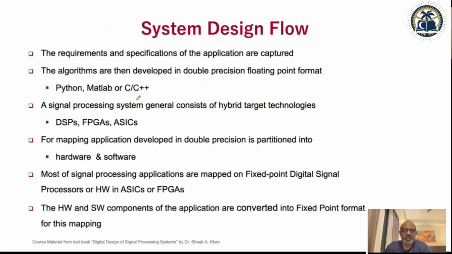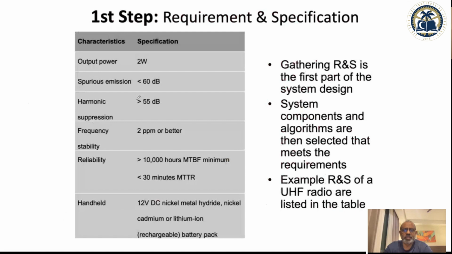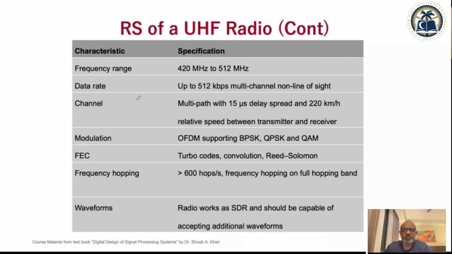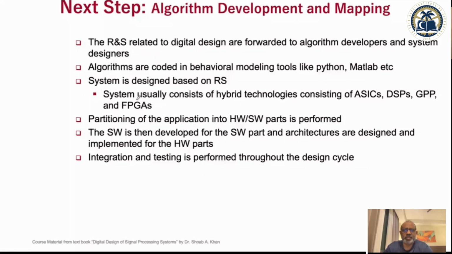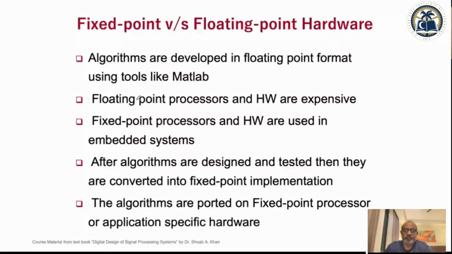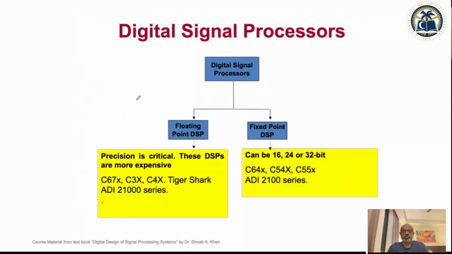So you get design specifications, then you run simulations and algorithm development, and once you have decided what you're going to map in hardware, you map that in hardware. There are floating point digital signal processors, even for software, but fixed point is preferable.